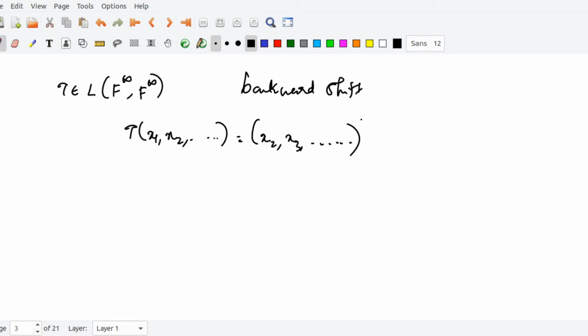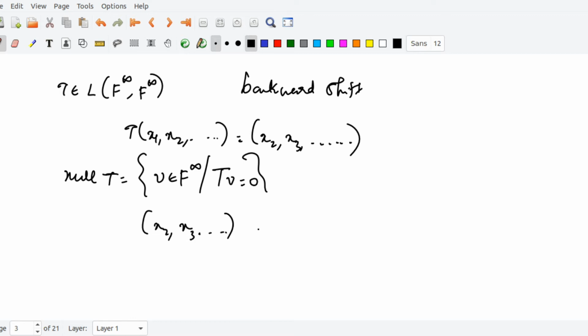We have to find the null space of T. By definition, null space of T means the set of all elements in F^infinity such that T(v) equals 0, meaning (x2, x3, ...) equals 0. This is possible only when x2 equals x3 equals so on equals 0. So if a vector belongs to the null space, its components x2, x3, and so on must all be equal to 0. But x1 can take any value.